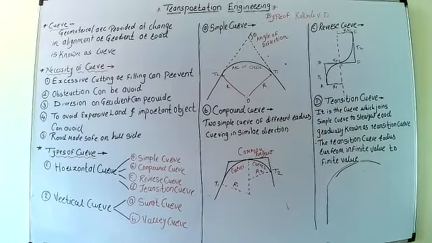Such curves are commonly used in railway tracks between the circular curve and the straight tangent line. There are objectives for why we provide a transition curve.